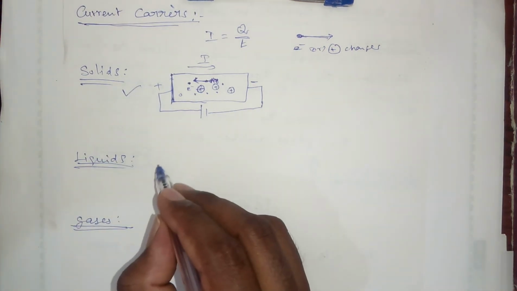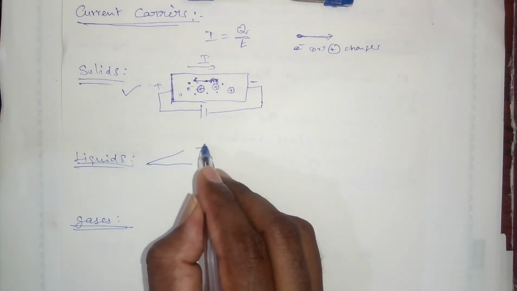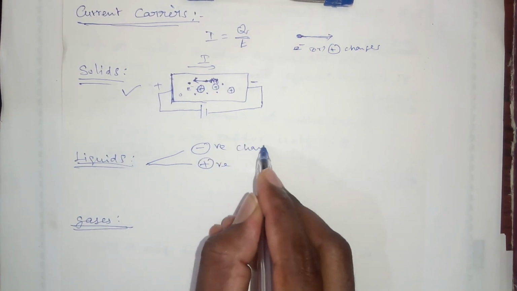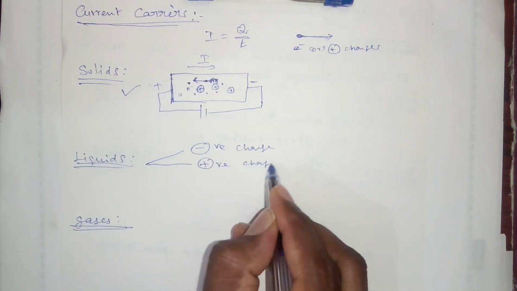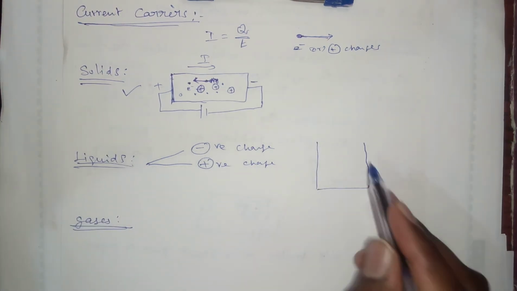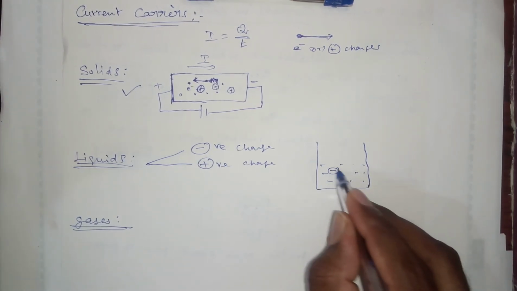But in the case of liquids, the current carriers will be both negative and positive charges, because liquids are mainly solutions of ionic salts, which have positive charge and negative charge.